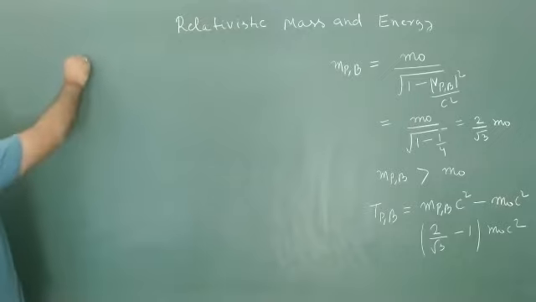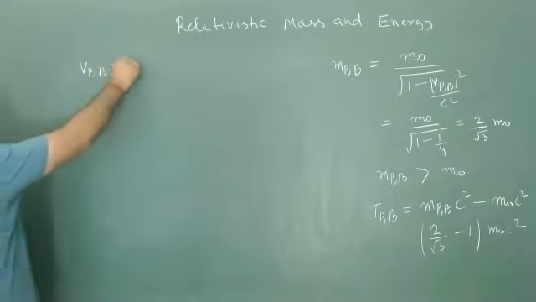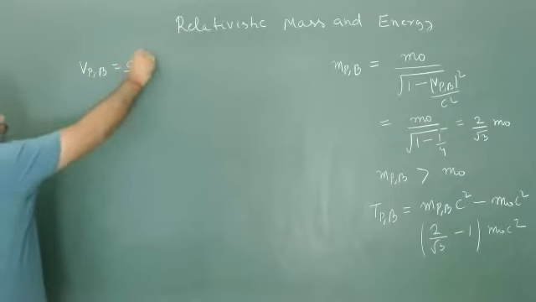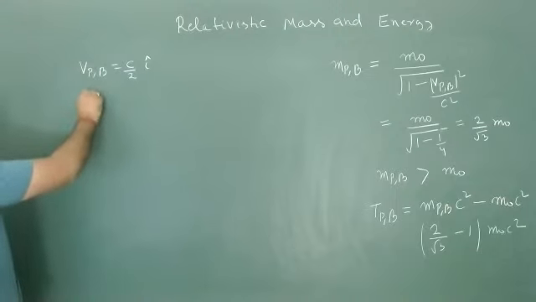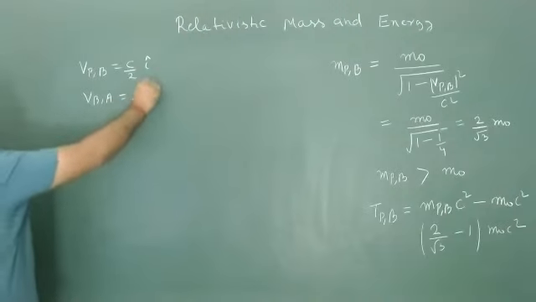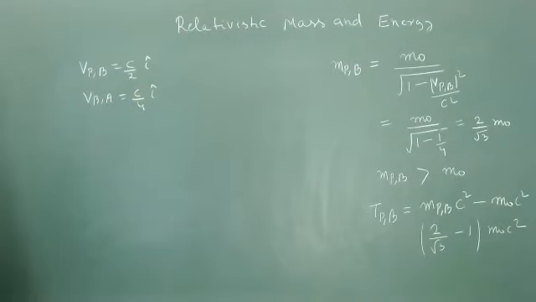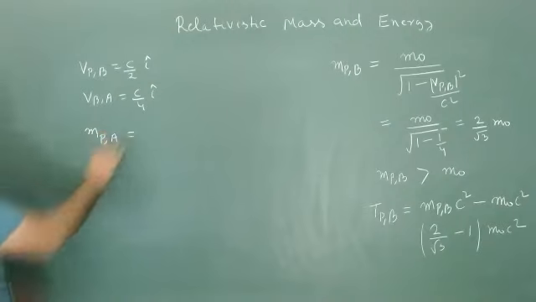It is given that the velocity of the particle with respect to B is c by 2 in the i cap direction, and it is also given that the velocity of B with respect to A is c by 4 in the i cap direction. We have to calculate the mass of the particle with respect to A. So now look here.